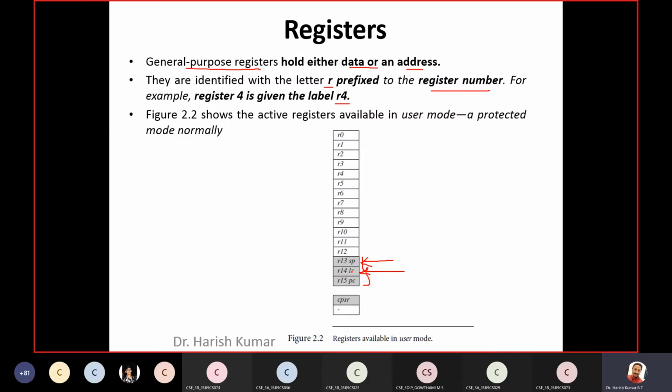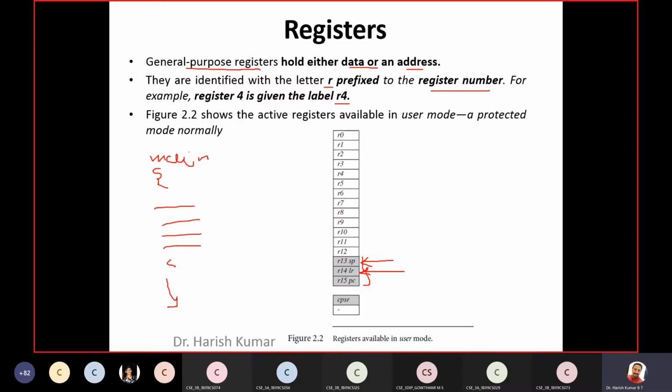Whenever a function is called, the return address should be saved. We used to store the return address onto the stack, but here in ARM, the return address is not saved onto the stack. Instead, whenever the subroutine is called, the return address is saved onto the link register. Say, for example, I've written a main program, a C program, just to make you understand.